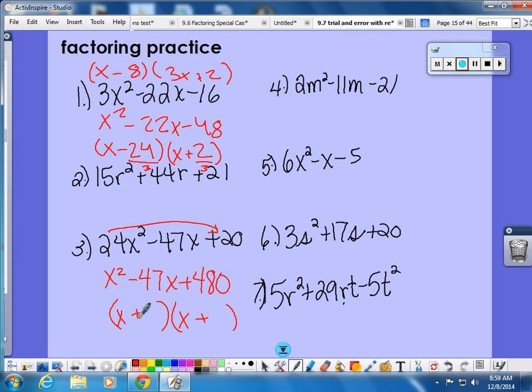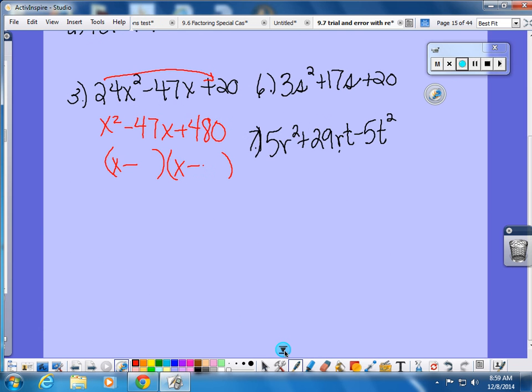So, let me help you. Yeah, like signs. You have to swap it out. Make it go up. Have you tried some factors? Yeah.